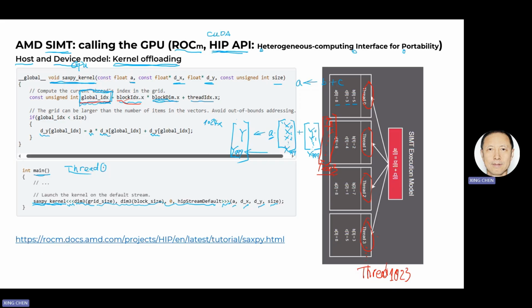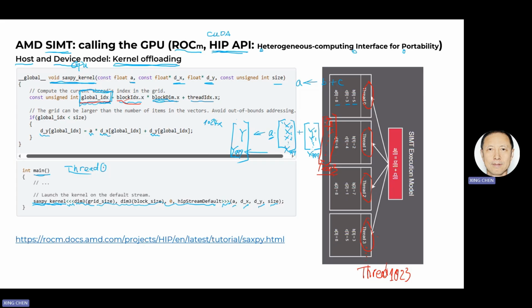Now the threads have worked out their global ID, and they are going to use this global ID to find out which vector elements they need to work on. Thread 0 is going to use 0 as the index to find the first element of each vector.